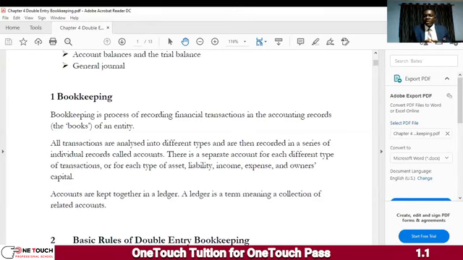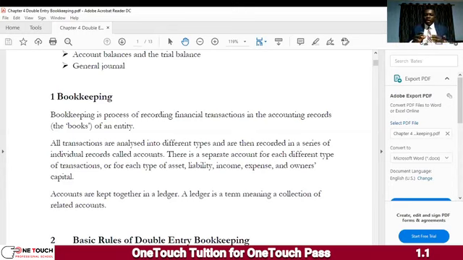Basically, every single transaction that occurs in a business is recorded. Don't forget that under the accounting equation, we did mention that every single accounting transaction must be recorded twice in the books, one as a debit and one as a credit. It may cause an asset to increase or a liability to decrease, or an increase in one asset and a decrease in another asset.